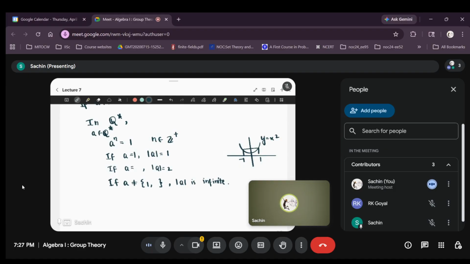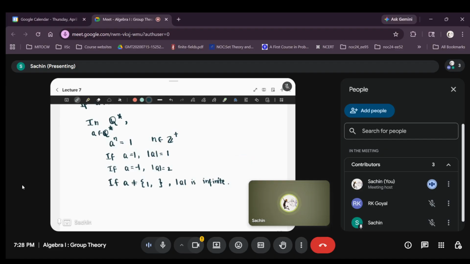What is this? Minus 1 squared is also 1 only, right? Yeah. So minus 1 has order 2. And the rest of the elements, like you said, only if you raise it to 0 you'll get 1, but 0 is not allowed.